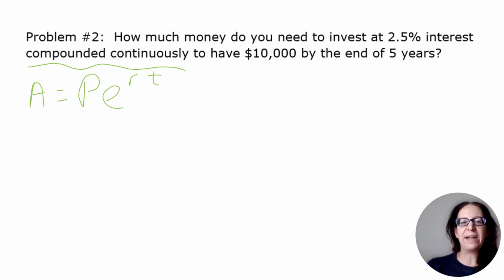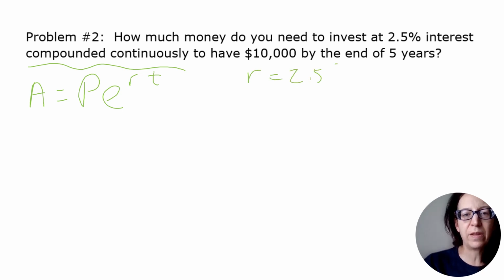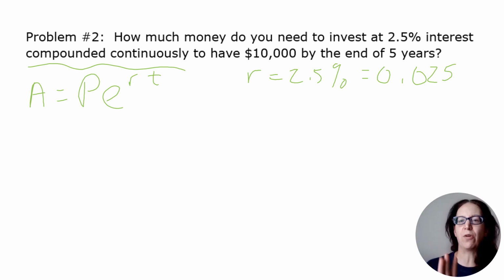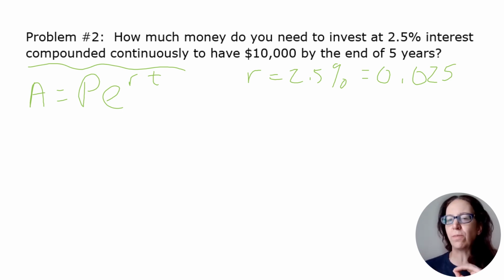So what do I know? I know that my interest rate here is 2.5%. Keep in mind that we do have to change that to a decimal. So you can do 2.5 divided by 100, or you can move the decimal point over 2. I wanted to show you what that would look like, so your interest rate would go out 3 decimal places: 0.025.